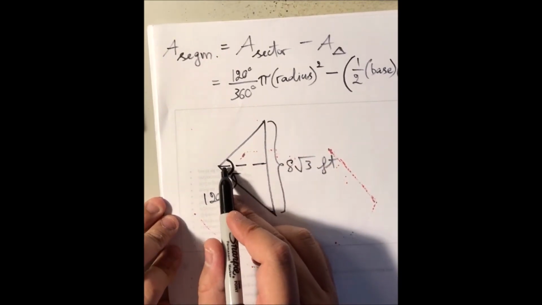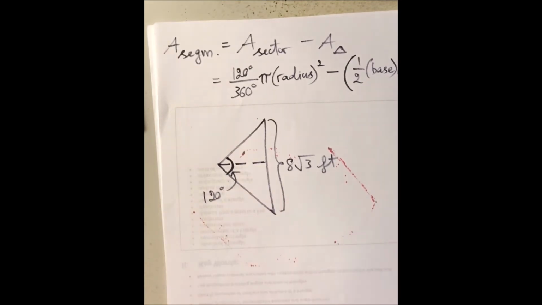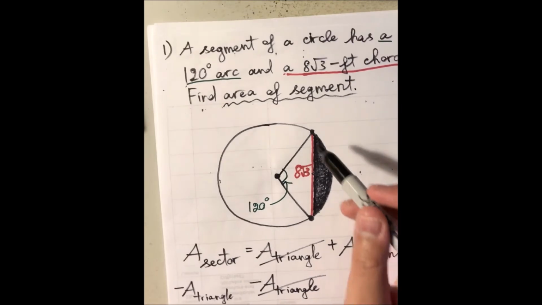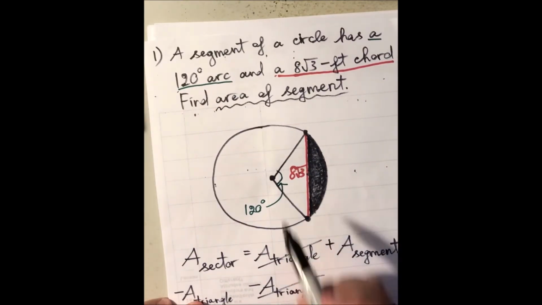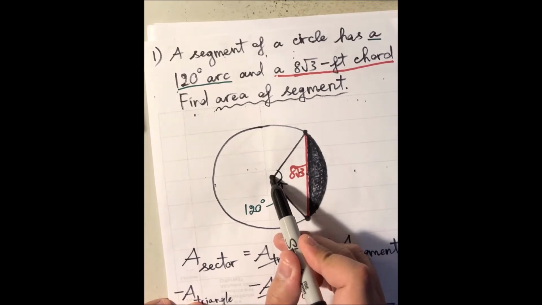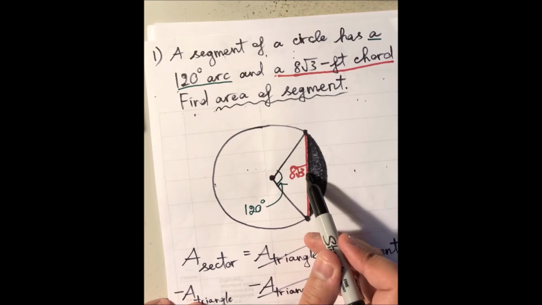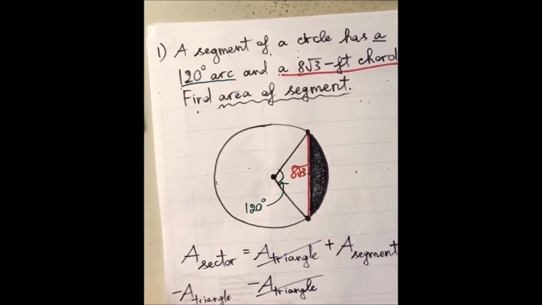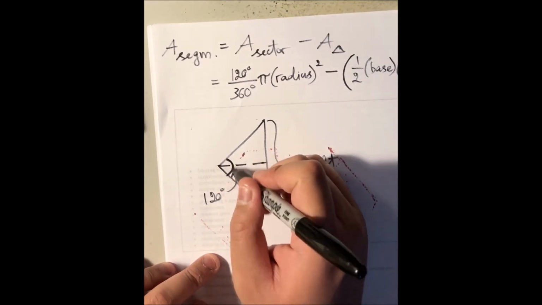To find the height, first we want to create something called the apothem, which is from the center of the circle all the way, perpendicularly, to the base of the triangle. So this is called the apothem, and the apothem bisects this angle.